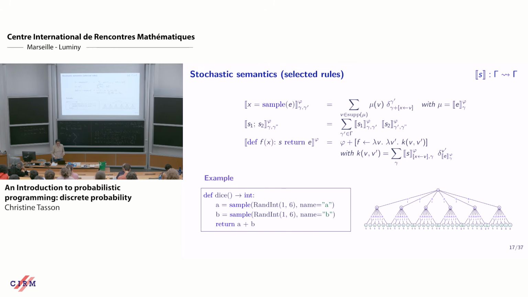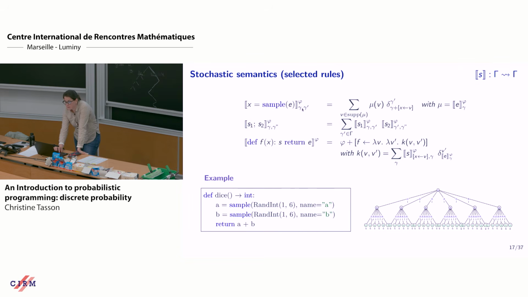Okay, so what's happening here? This statement is assigning to x the output value of sampling E. It starts with an environment gamma, and it will produce a probability distribution over environments. What is the probability of getting gamma prime?